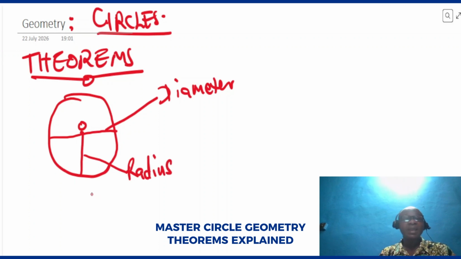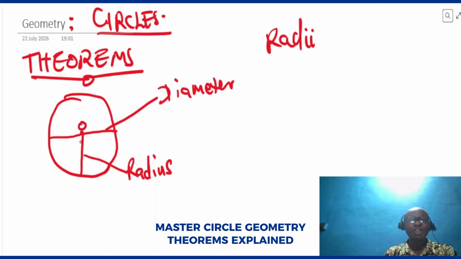Now, when you have two lines drawn in a circle, and those two lines are radii (radii is the plural of radius), that normally makes for us what we call a sector.